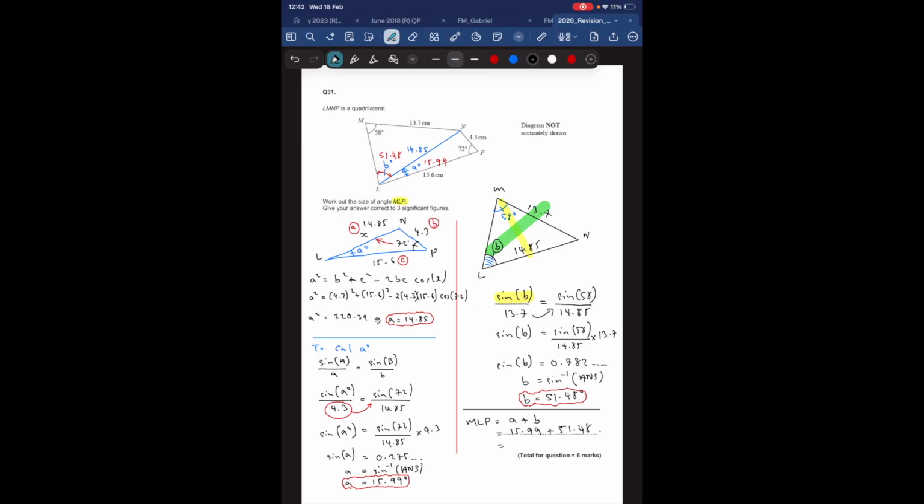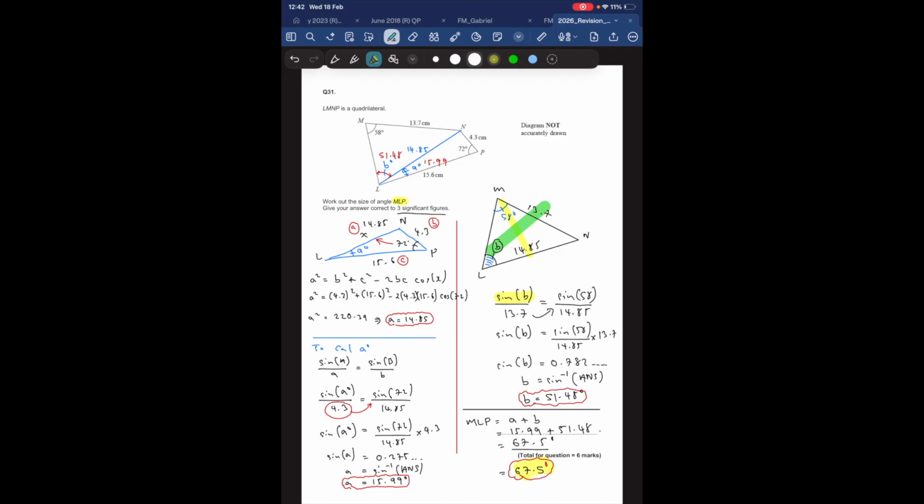If I then add those up together, I'm going to get 67.5 degrees, and that is to 3 significant figures, which is what the question wanted. So our answer is just going to be 67.5 degrees. Put the little degree sign on. And that is our final answer.